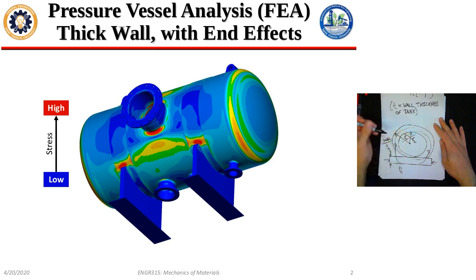All I need is the length of my strip, or we might say the circumference, 2 pi r, where r again is the inner radius, and my width is t. That's like the A metal that we talked about before, the area of the metal that's resisting the longitudinal stress. We're all on the same page?